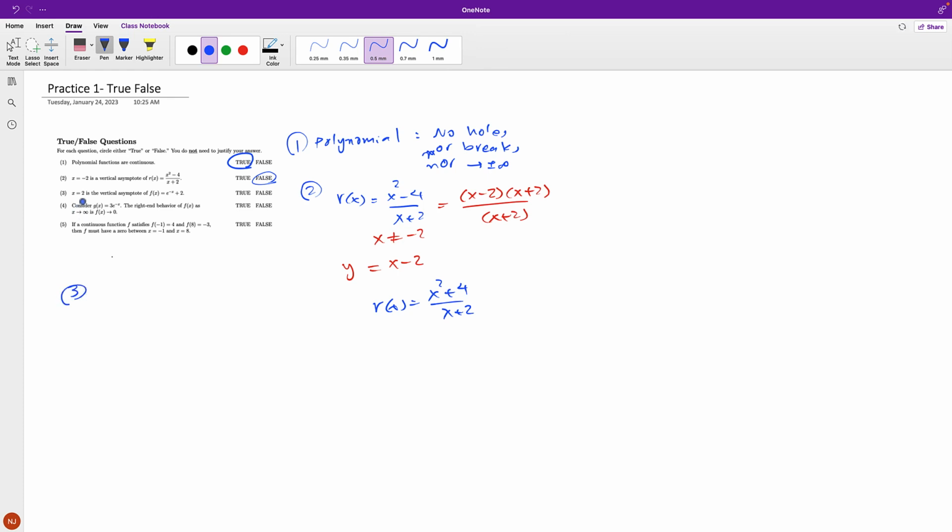It says x equal to 2 is a vertical asymptote of f of x equal to e to the power negative x plus 2. True or false? The exponential functions don't have any vertical asymptote.